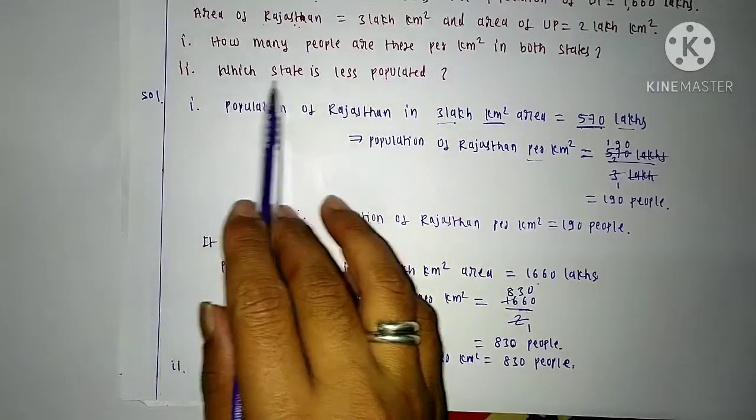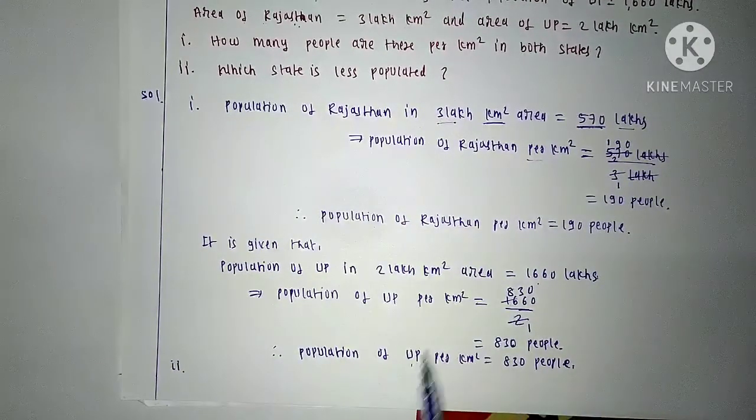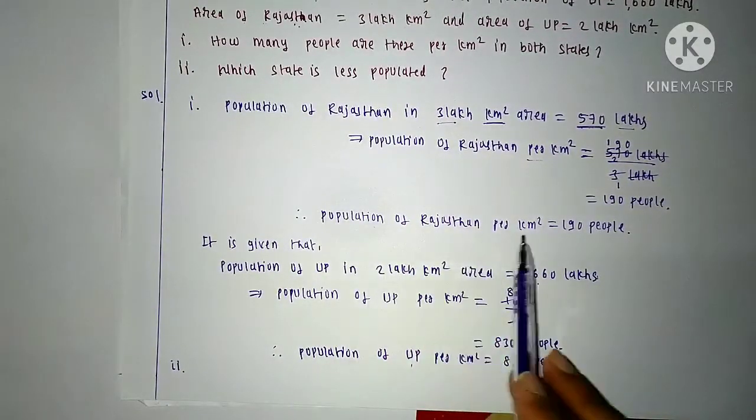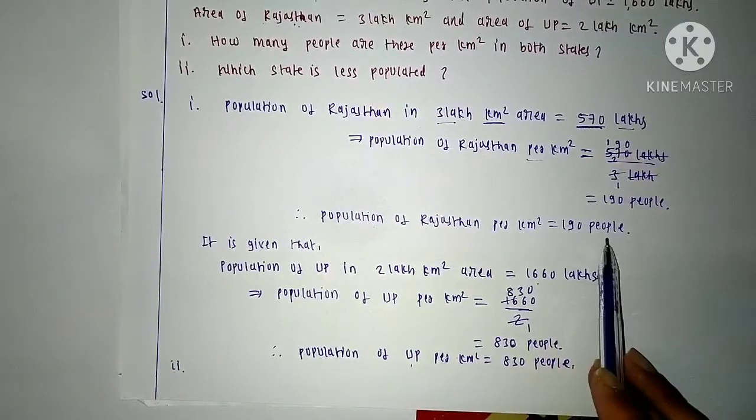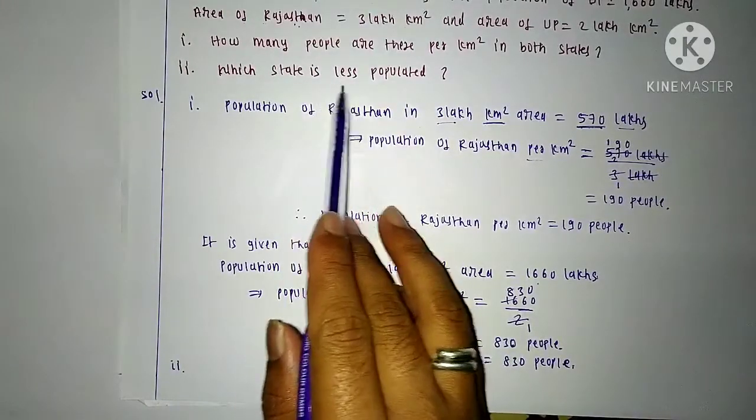See here, which state is less populated? Now if you compare this and this, what are we having? The population of Rajasthan per kilometer square area is nothing but 190 people. But for UP, the population per kilometer square of area is nothing but 830 people. Yes, UP has more population, but what we need here is the less populated state.